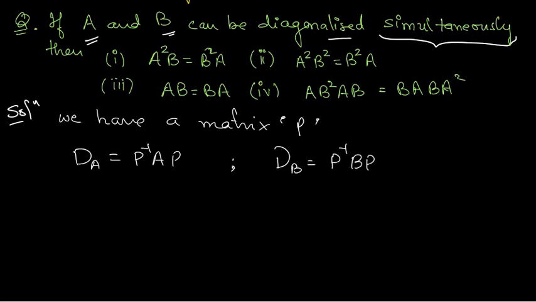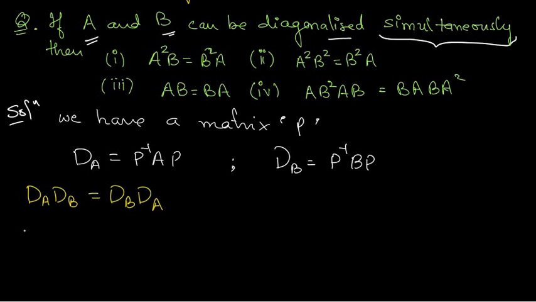So dA and dB are the diagonal matrices. Since dA and dB are in diagonal form, you can always write dA dB is equal to dB dA.